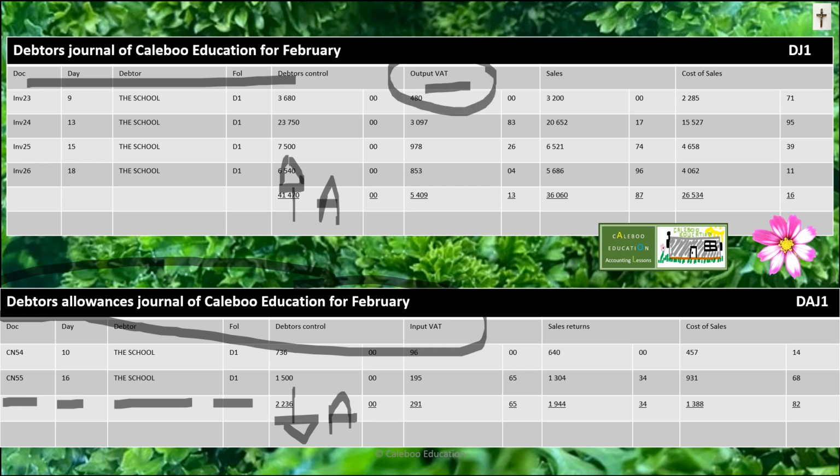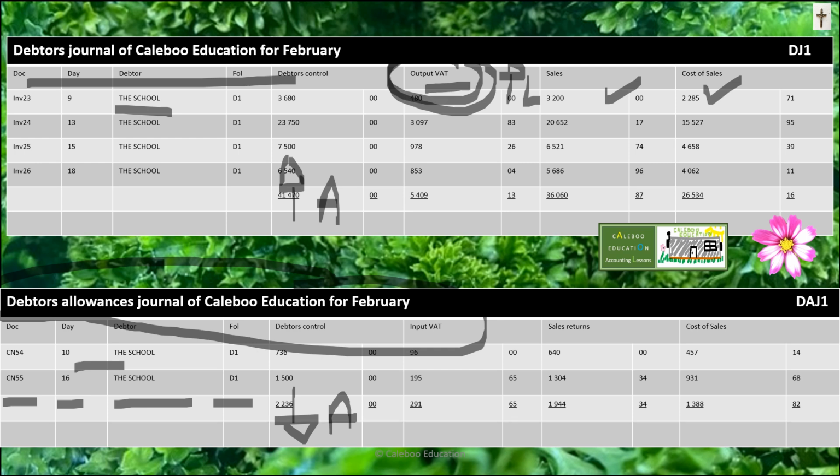Output VAT. When we made a credit sale to the school, we collected output VAT on behalf of Revenue Services, SARS, and that was an increase in liability. And then there was sales and cost of sales. Now, this journal here, we need to reverse the output VAT.